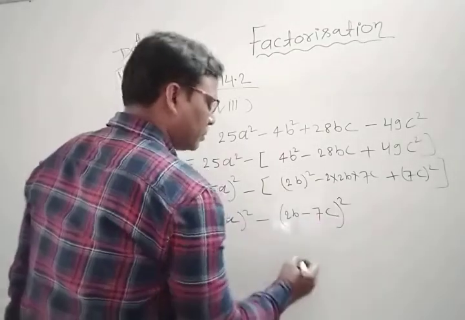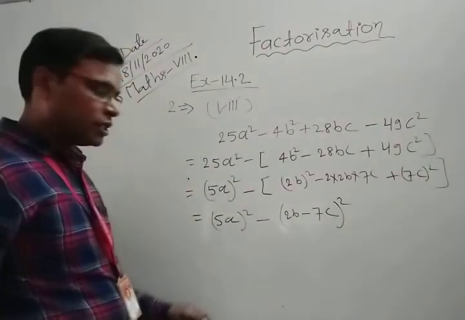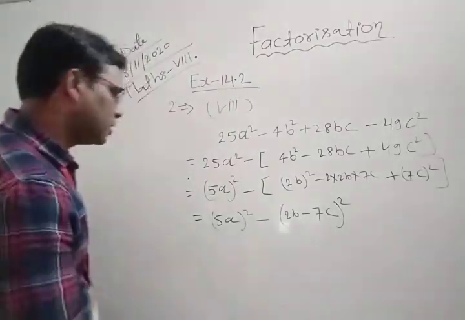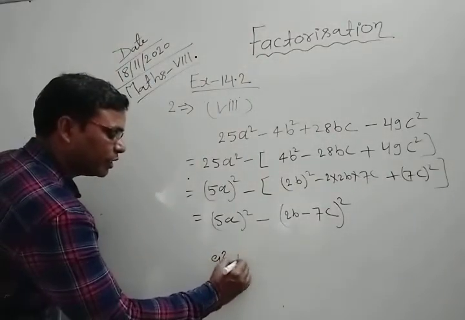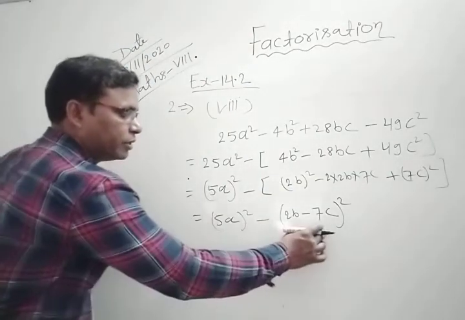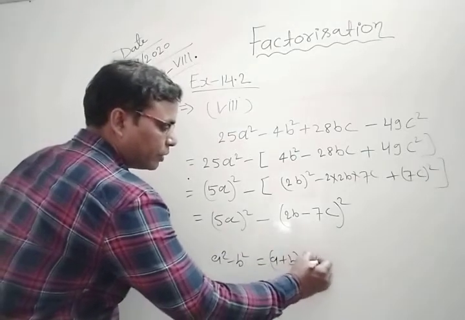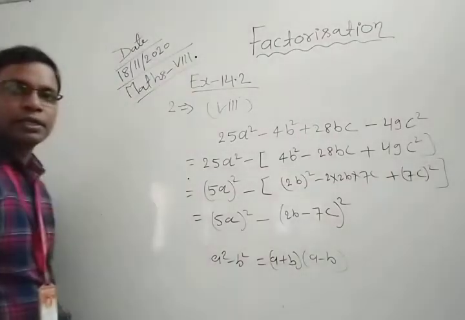Clear? So now what can you see here? You can see this is the form of a square minus b square. This is a, this is b. This is equal to a plus b into a minus b. Clear?